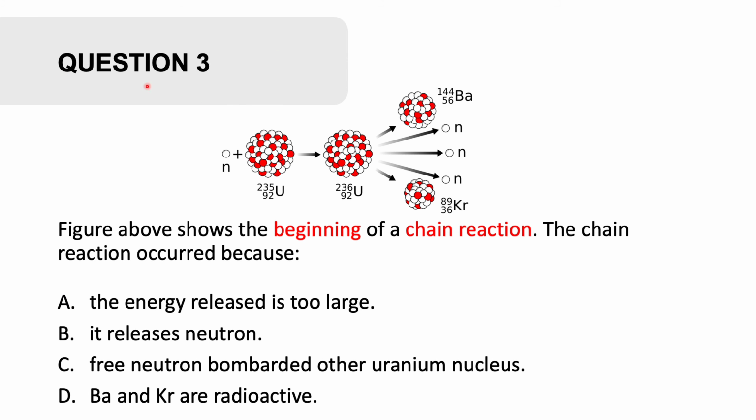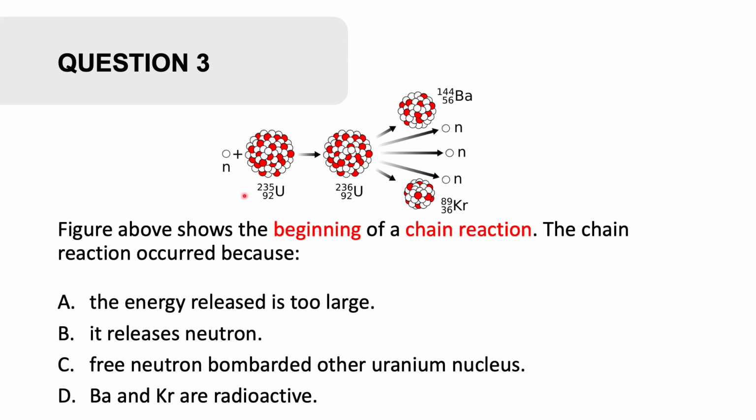Now for this last question, question number 3, first you need to look very carefully at this diagram. We have here a neutron and a uranium-235.